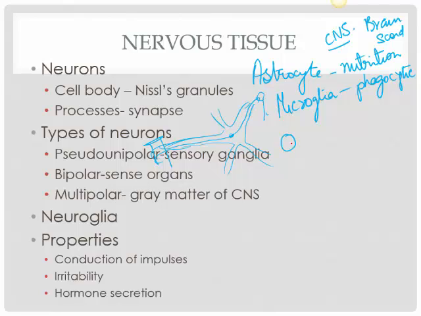A third kind of cell is called oligodendrocyte or oligodendroglia, cyte or glia. This lays down myelin in the central nervous system. Myelin is a fatty coat which is present around the axon.